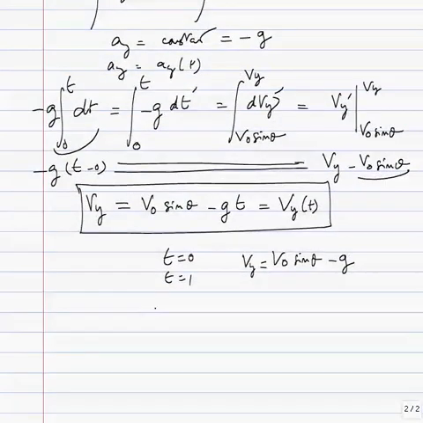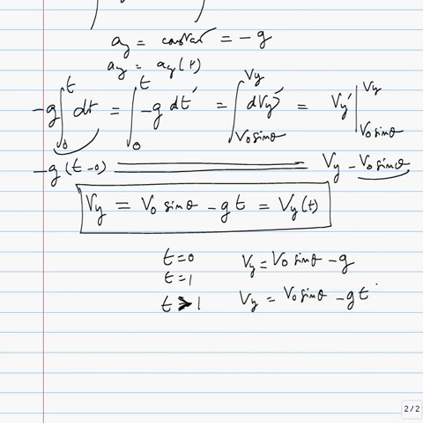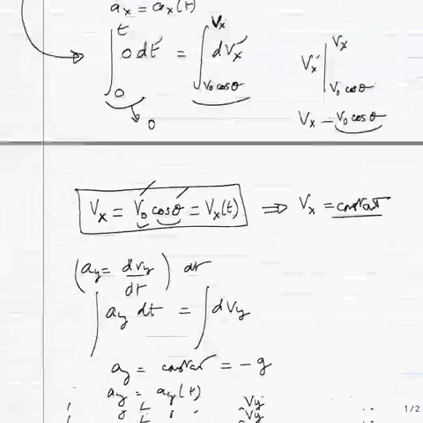Eventually, as t becomes a big value, bigger than 1, and depending on the magnitude of v naught and theta, at some point this term will become bigger than this term, and the velocity vy will become negative, which corresponds to the part of the trajectory where the particle is coming down, the negative sign indicating the direction which is opposite to our positive y assumption of a coordinate system.